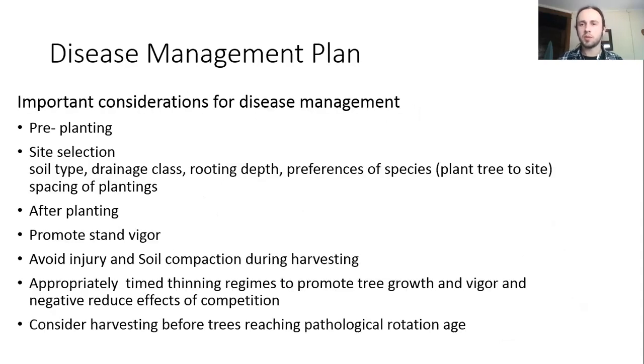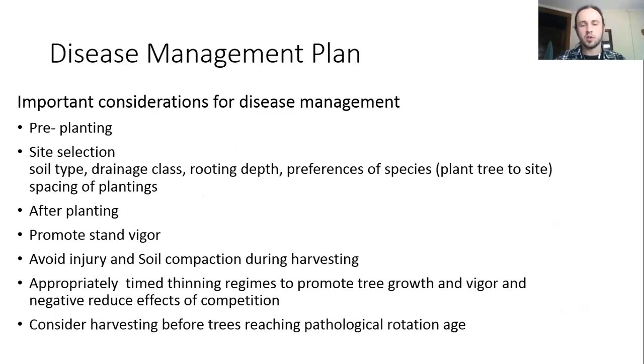So during pre-planning, you want to consider site selection, soil type, drainage class, rooting depth. You want to plant the right tree to the right site where it's going to have highest productivity and vigor and subsequently lowest incidence of disease occurrence.